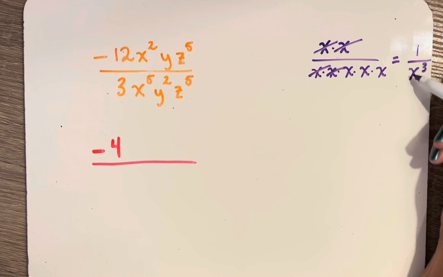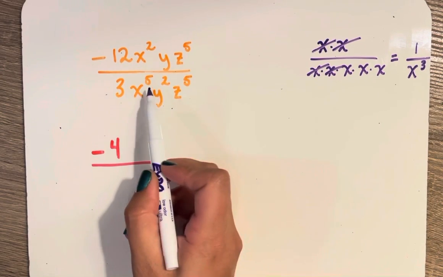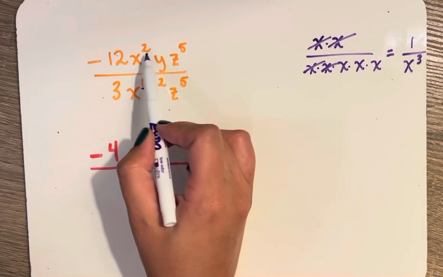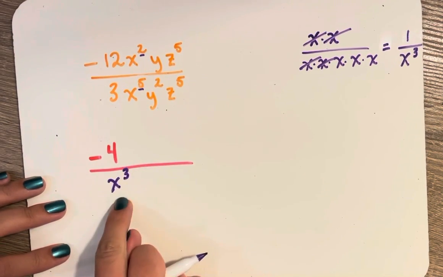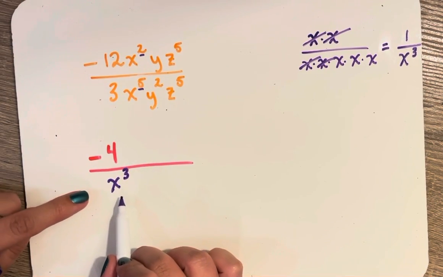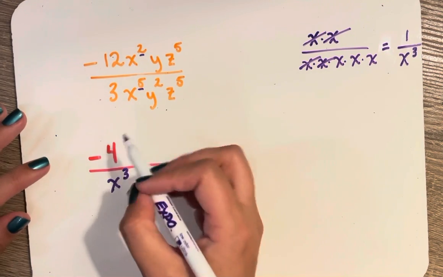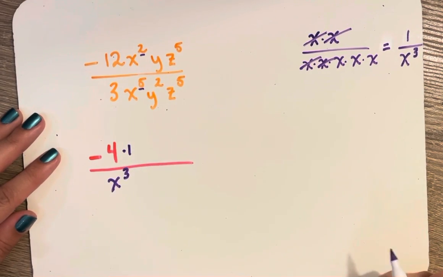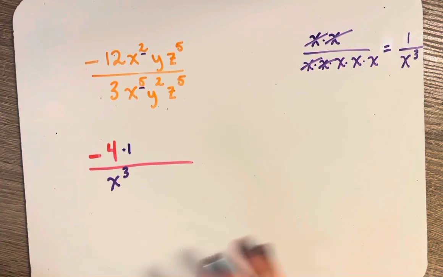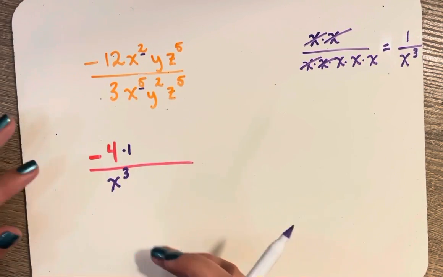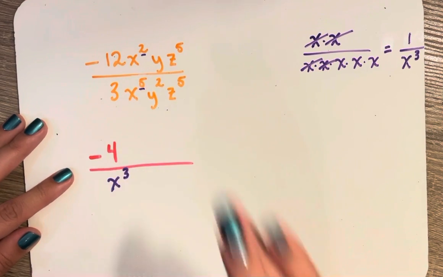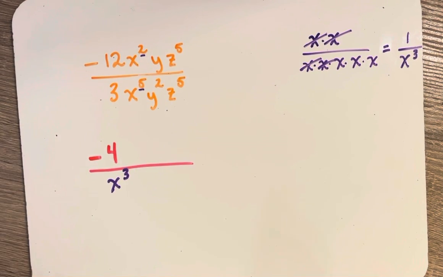Since I had a larger exponent in the denominator than in the numerator, there will be an x cubed in the denominator of my simplified version. I can write a multiplied 1 here if I want to, but multiplying by 1 doesn't change the value, so I'm not going to include it.